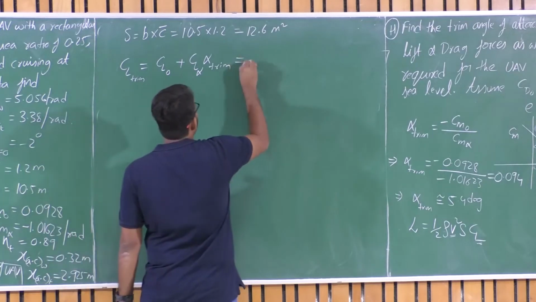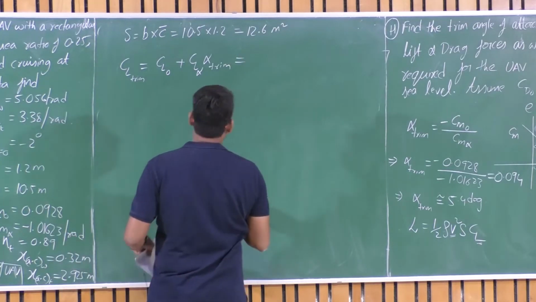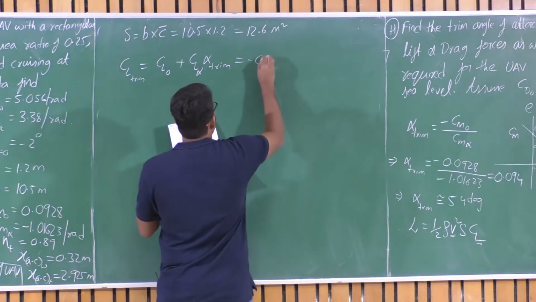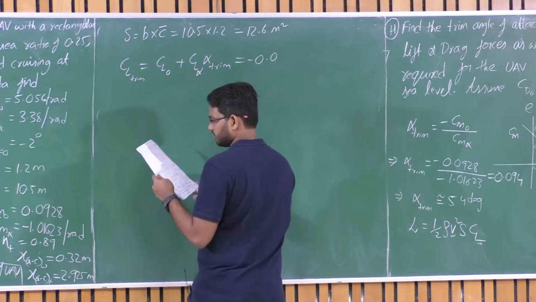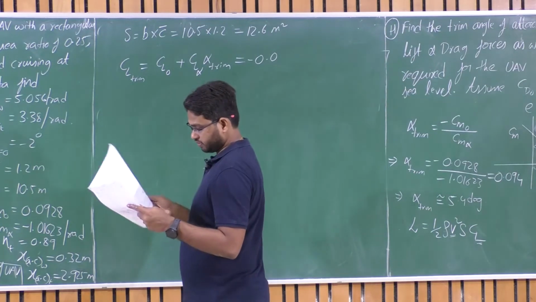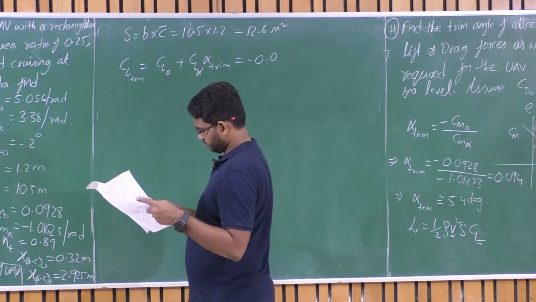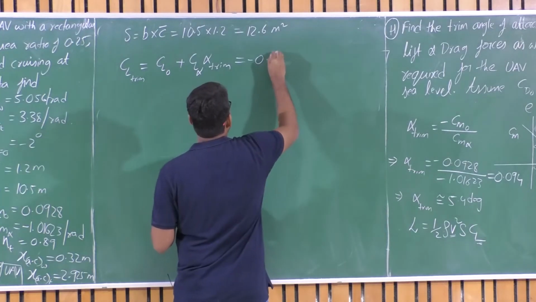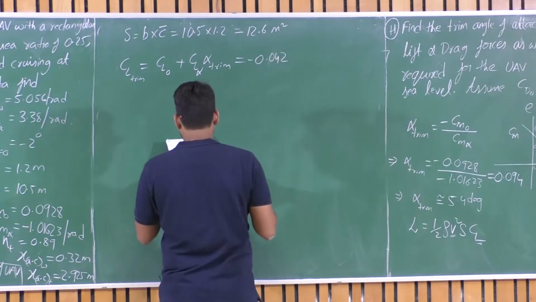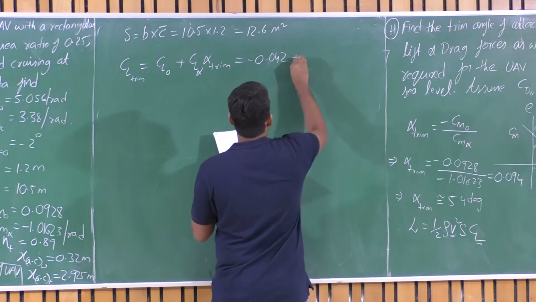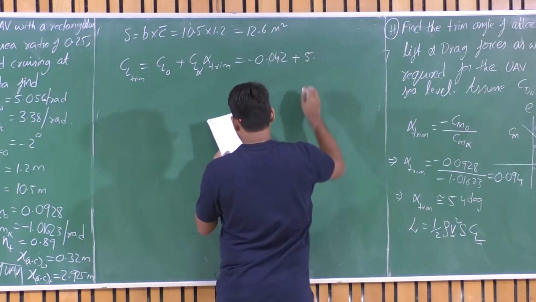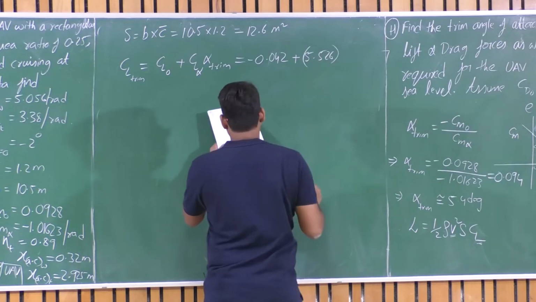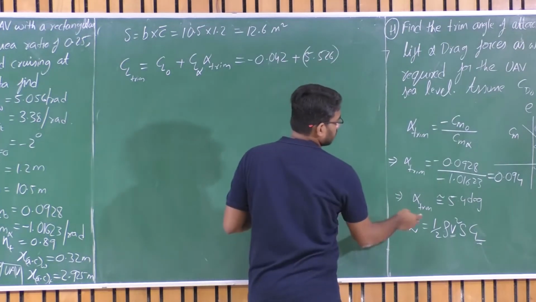So this is equal to CL naught of the total aircraft. We have calculated it as minus 0.05. How much is that, CL naught of the aircraft? Minus 0.042, right? Plus CL alpha of the total aircraft is 5.526, right? Multiplied by 0.94.